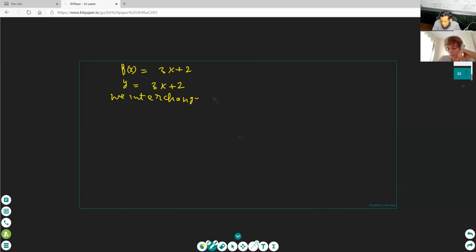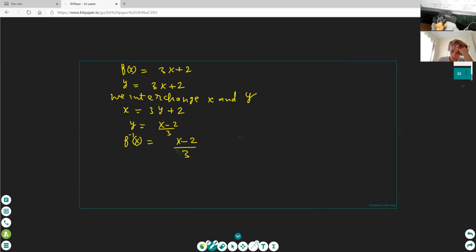It is an easy, short method. Then you get x equals 3y plus 2. Then find the y value. y will be x minus 2 upon 3. This is f inverse of x. This is an easy method. The previous method was also easy, but this is easier.